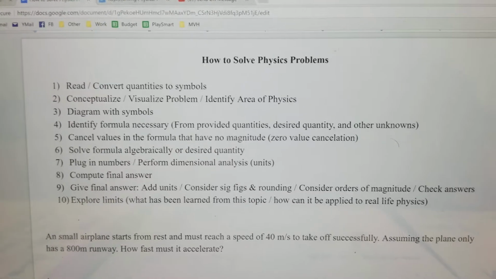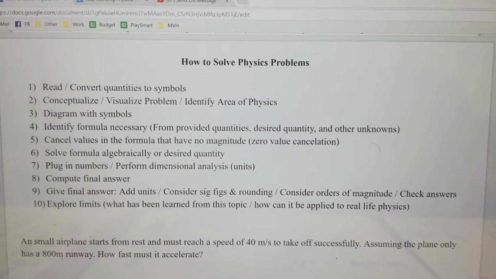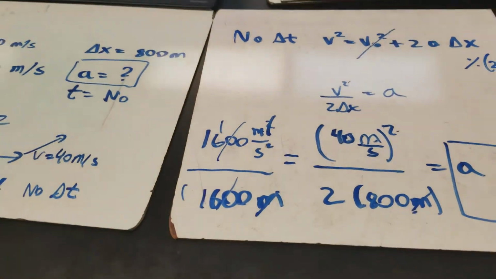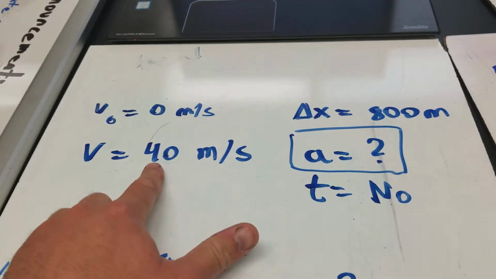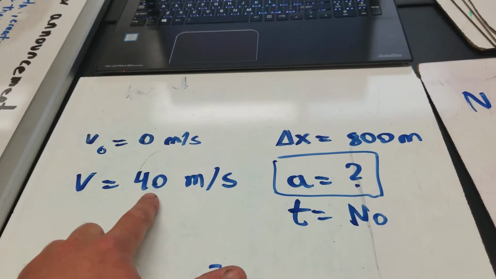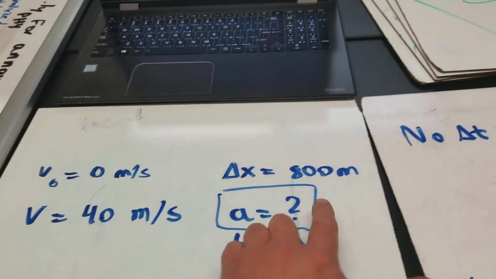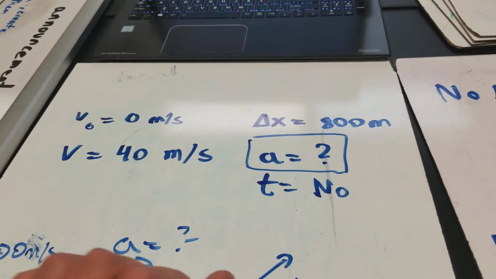Now I have to consider significant figures and rounding, right? And also consider orders of magnitude and check my answers. So what this means is, let's look through the problem. When I started, I was given a number with one significant figure here, and I can talk about significant figures in class or in other videos at another point. And I have another number here with only one sig fig. So it looks like the entire problem is given in one significant figure.